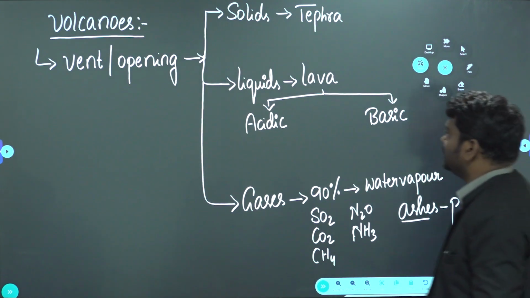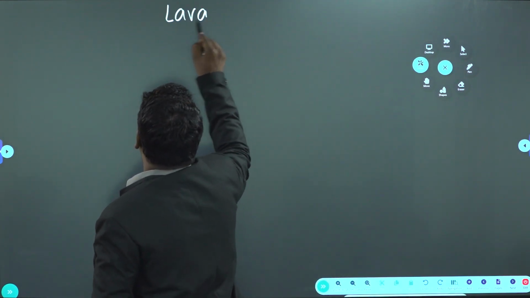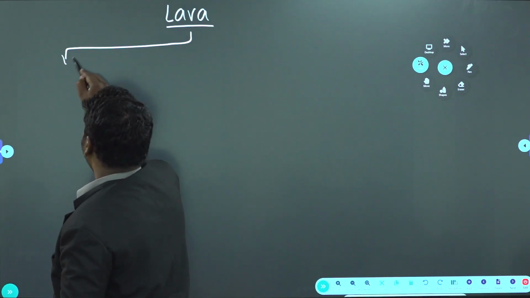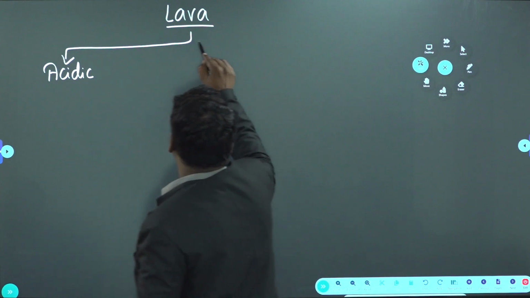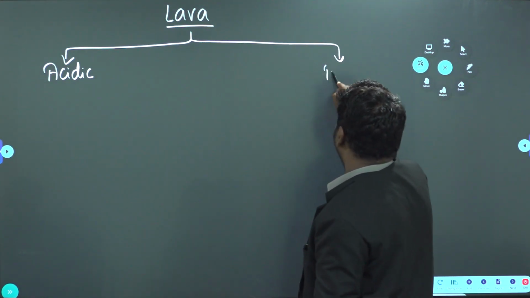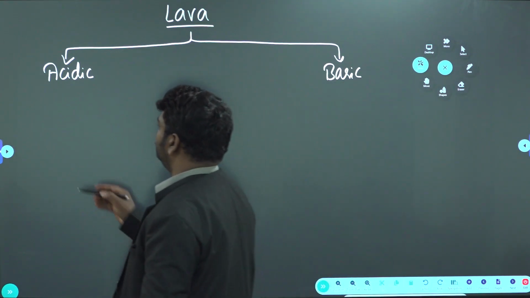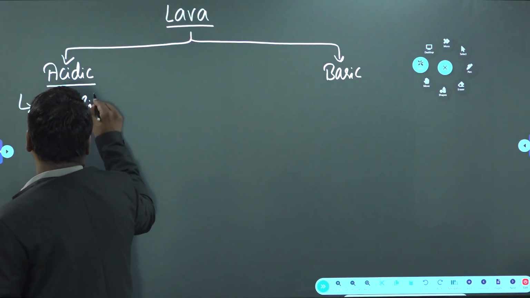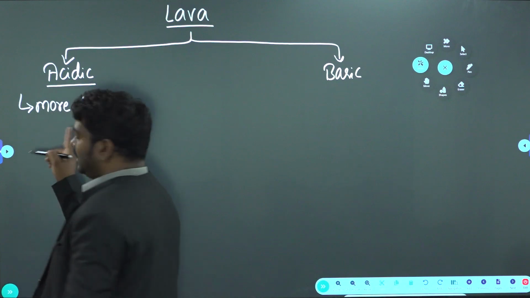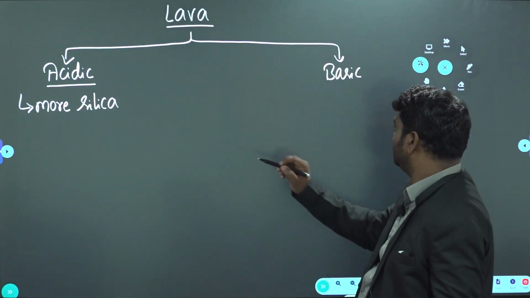Lava, you tell this. Lava, acidic, basic, on the basis of what? It will have more silica. The moment you have more silica, it will become acidic.